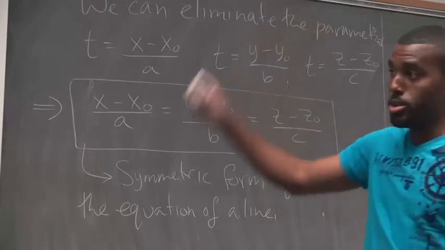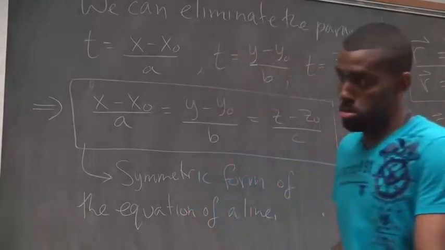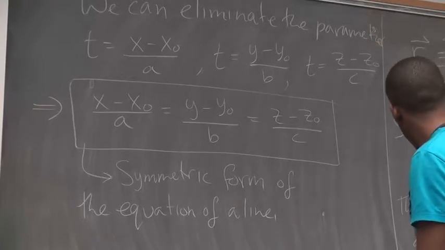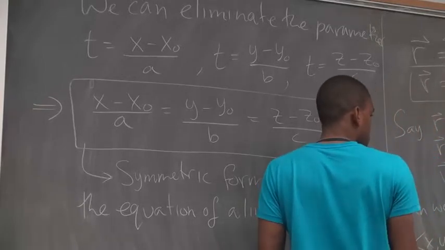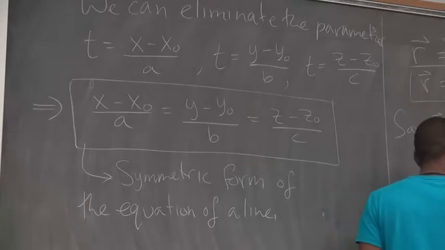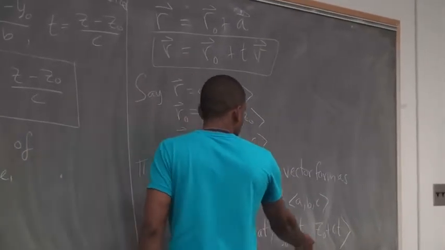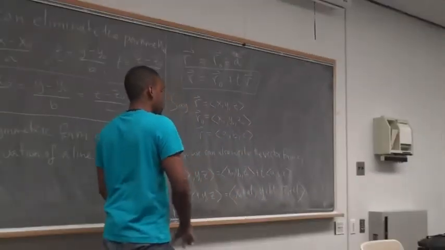Just as in 2D we had a bunch of ways, it shouldn't be surprising we have a bunch of ways in 3 dimensions. There's the vector form, looks like this. If you know a point it passes through, you put it here, here, here. Know a direction, you put the coefficients here, here, here. You get the vector form.